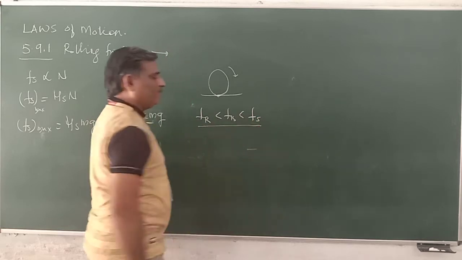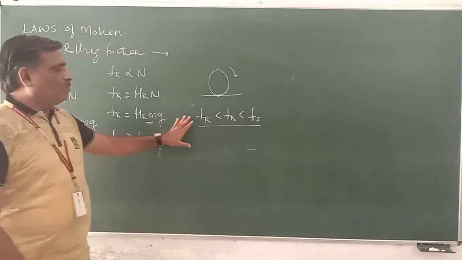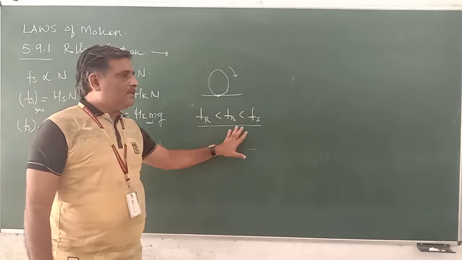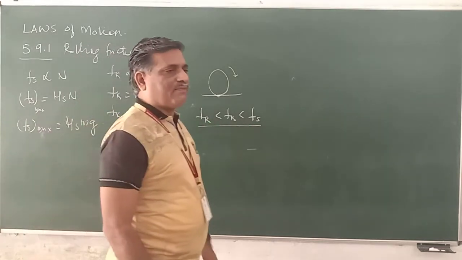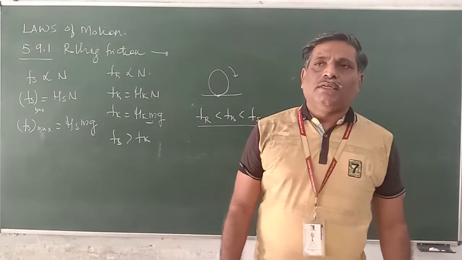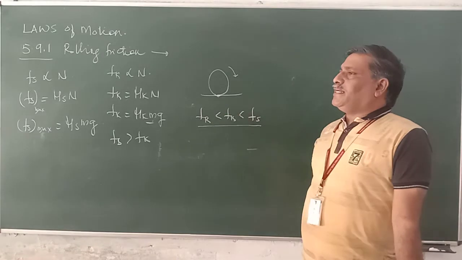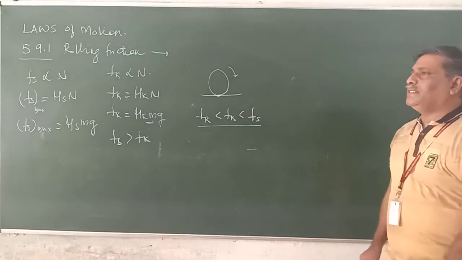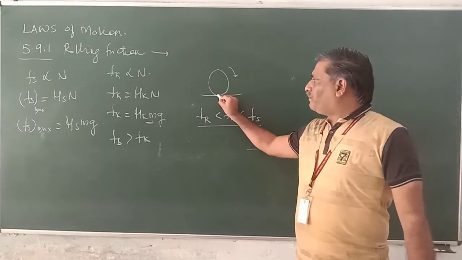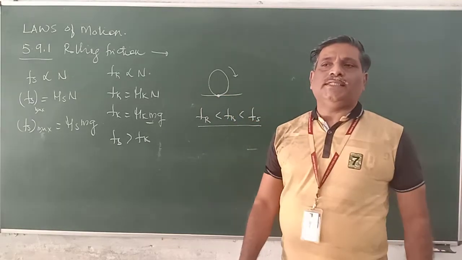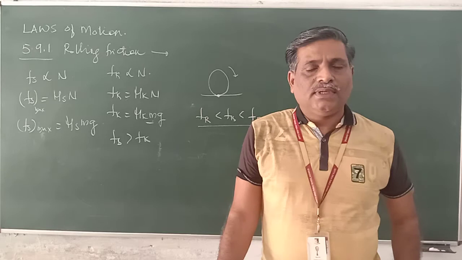If you see the order, rolling friction is minimum, kinetic friction is slightly greater, but static friction is far greater. So static friction is maximum. Why is rolling friction minimum? Because the point of contact is not in motion.